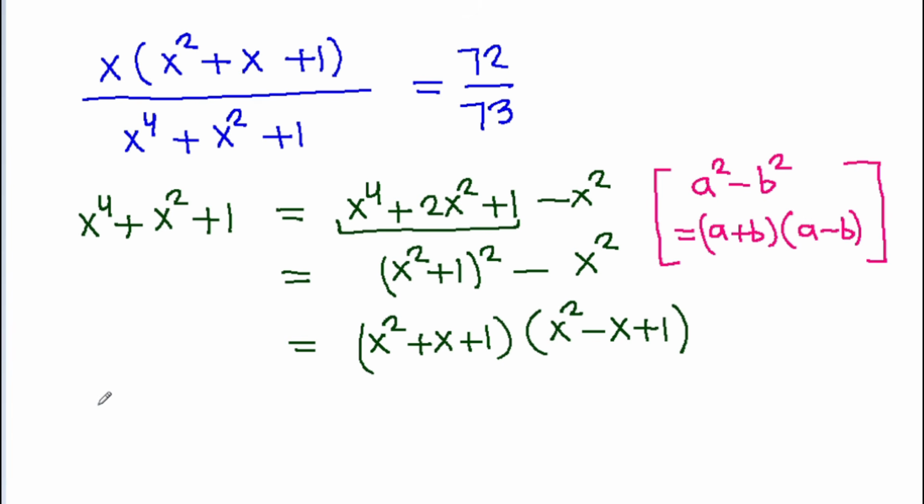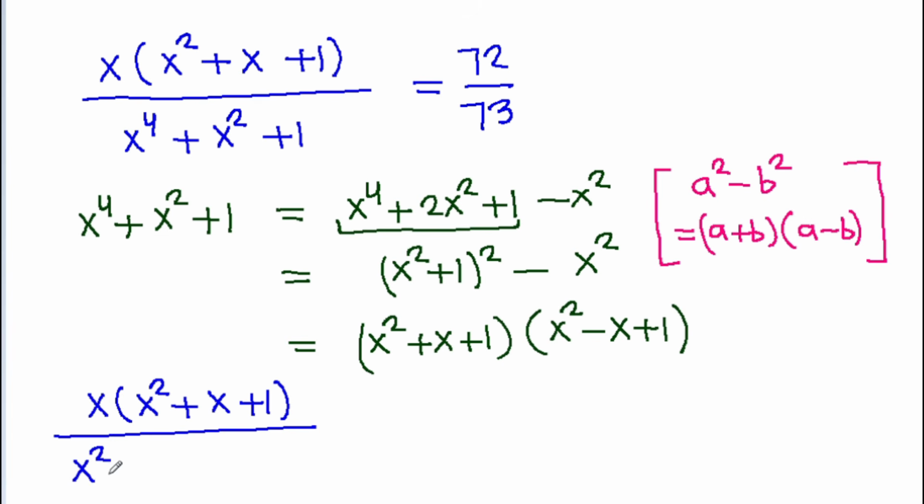So we have x times (x squared plus x plus 1) over, and x^4 plus x squared plus 1 is (x squared plus x plus 1) times (x squared minus x plus 1).